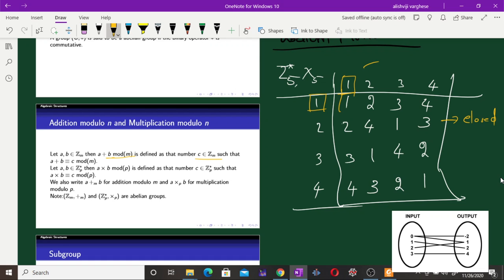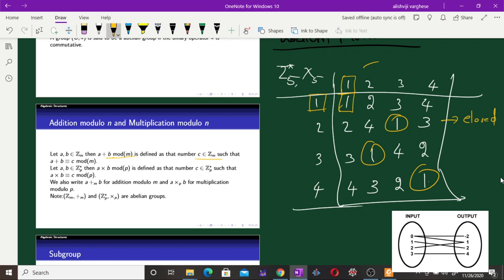Here, 1 is present here, here, here, and here. So each and every column and row has a 1, and therefore each and every element has an inverse. So the inverse of 1 is 1, the inverse of 2 is 3, the inverse of 3 is 2, and the inverse of 4 is 4 under multiplication modulo 5.